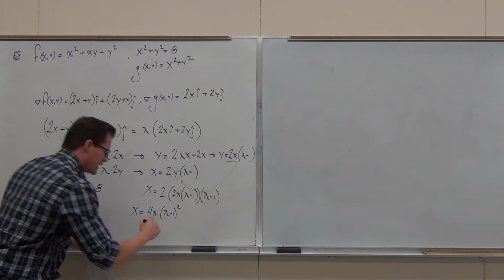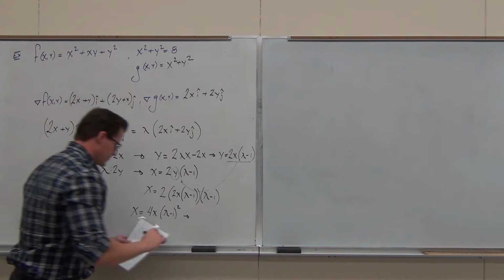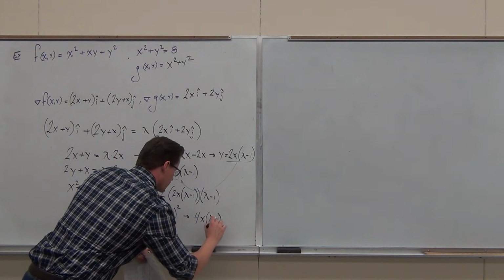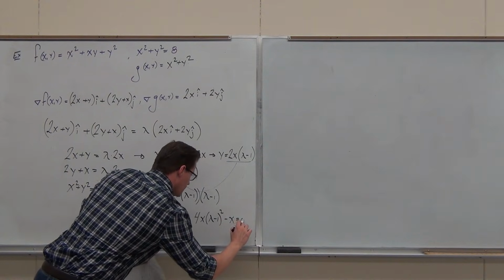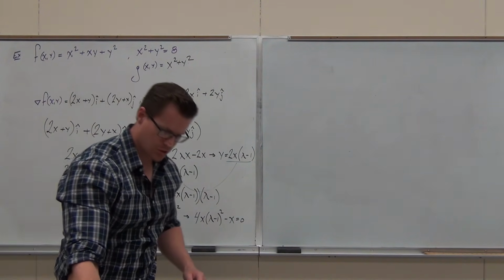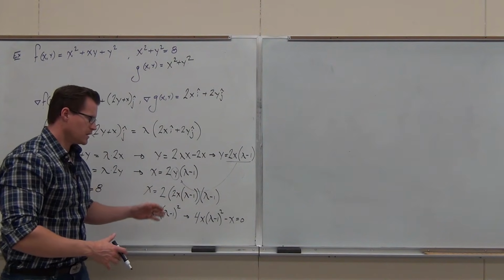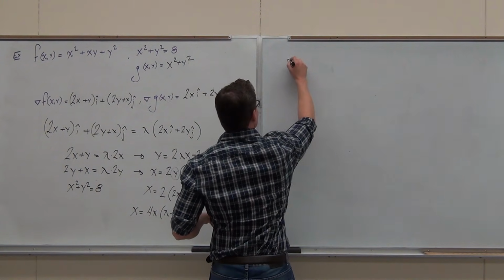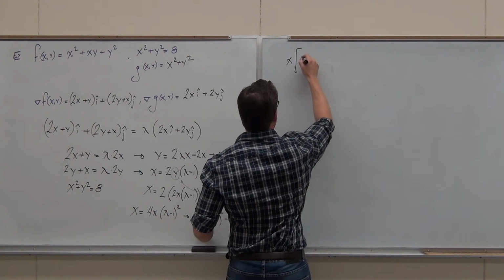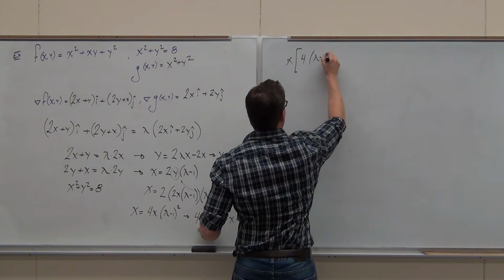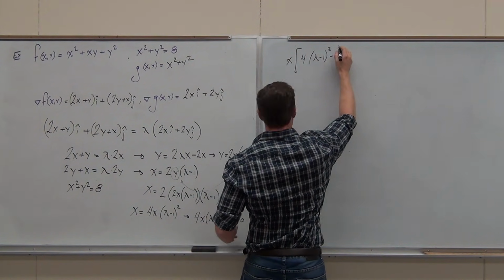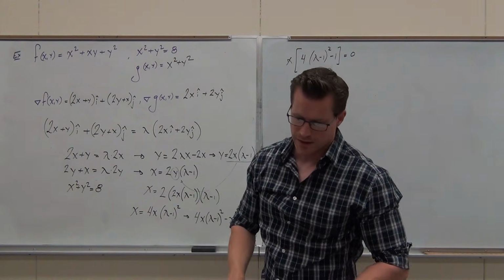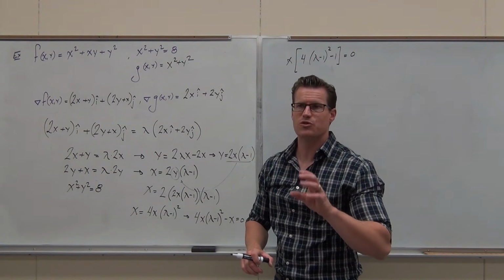And if I move everything to one side, we're going to have 4x(lambda minus 1) squared minus x equals 0. And that's the key. That's what I want. If I factor out the x, we're left with that.